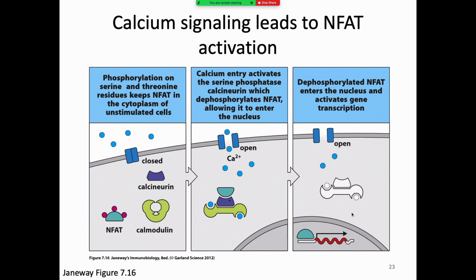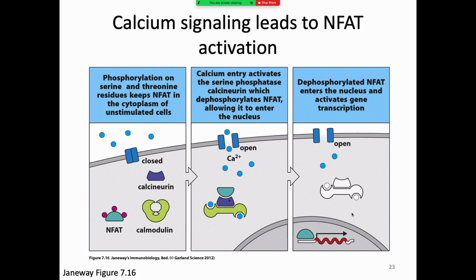As I mentioned to you before, this is the most famous part of this pathway to most immunologists. And the reason why this is the most famous part of this pathway is because we have a drug that blocks what is shown on this slide.